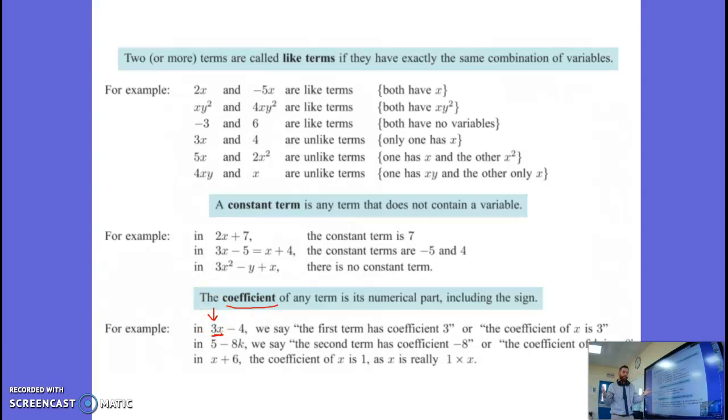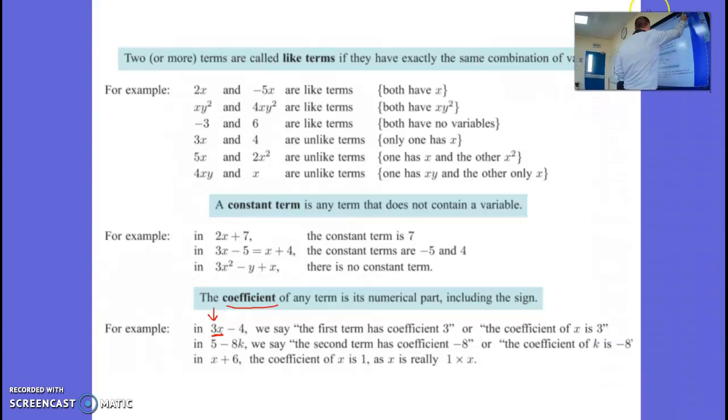It's the number in front of it, the one that's attached to it. Here, -8 is the coefficient of k, and here we could say 1 is the coefficient of x. We don't write the 1, but we know there is 1x. So those are coefficients, the numbers in front of the letters.